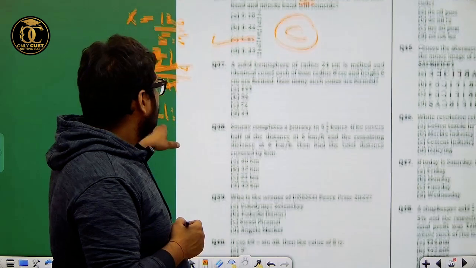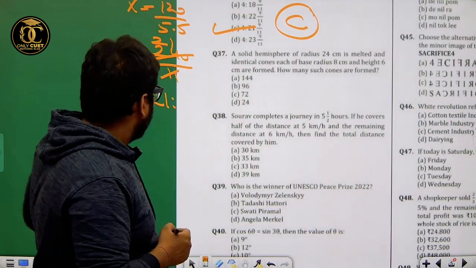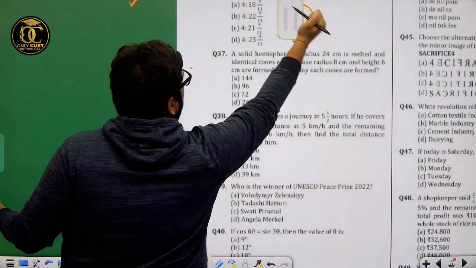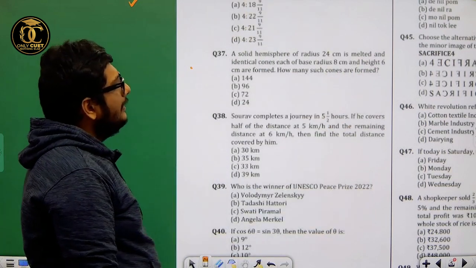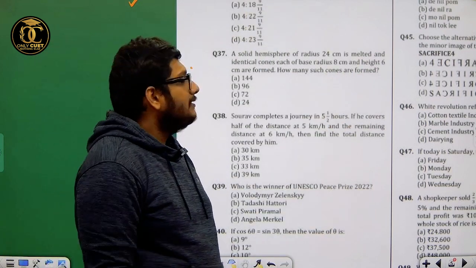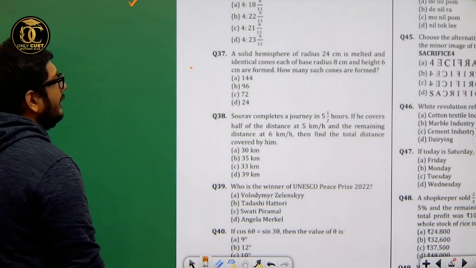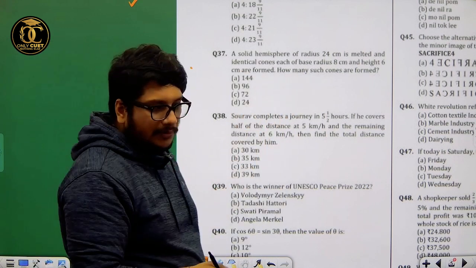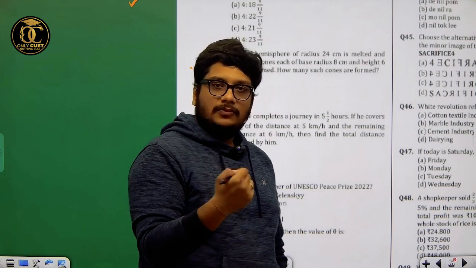A solid hemisphere of radius 24 centimeter is melted into identical cones of base radius 8 and height 6. How many such cones are formed? We have to find. That is, the volume of a hemisphere divided by the volume of one cone will give me the number of cones.